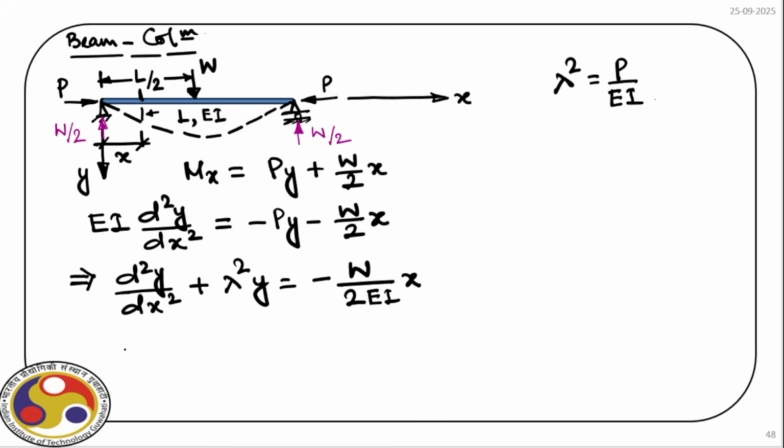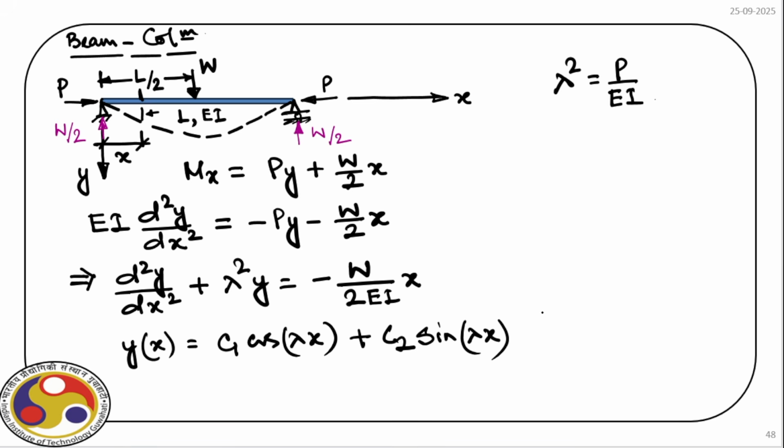Now for this differential equation, we know the solution y of x is equal to C1 cos of lambda x plus C2 sine of lambda x.